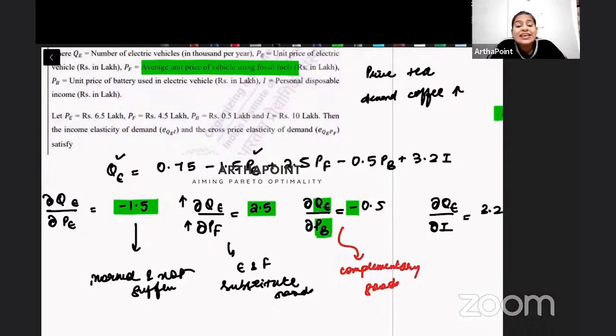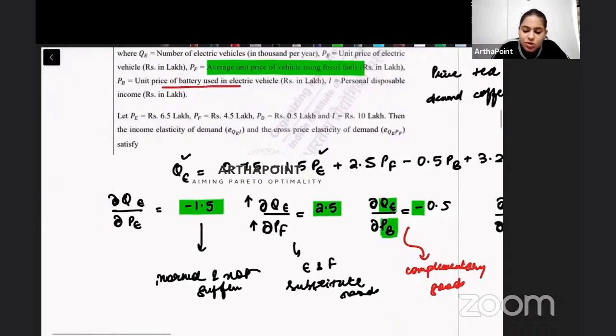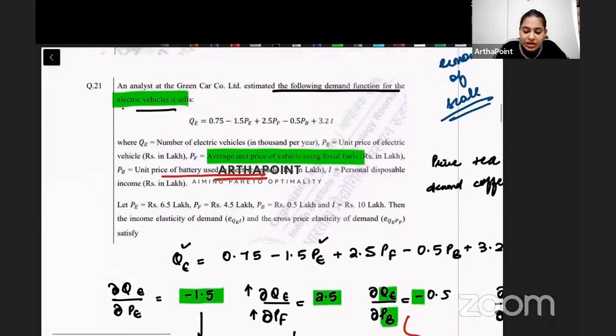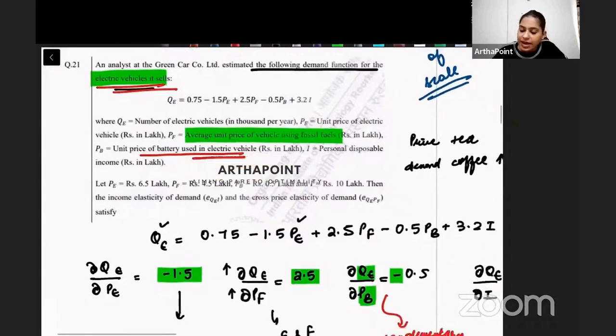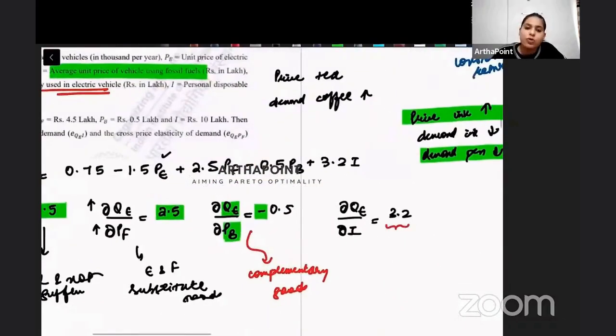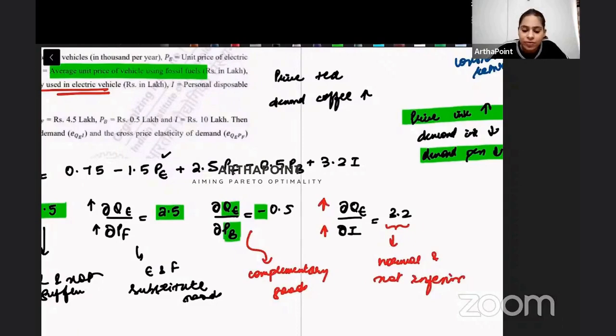So I've got that E and B are complementary goods. What is B? B is the unit price of battery. Of course, battery and electric vehicles have to be complementary to each other. And finally, I see that this is also positive, which means it is a normal and not an inferior good, because as my income is increasing, demand is increasing.